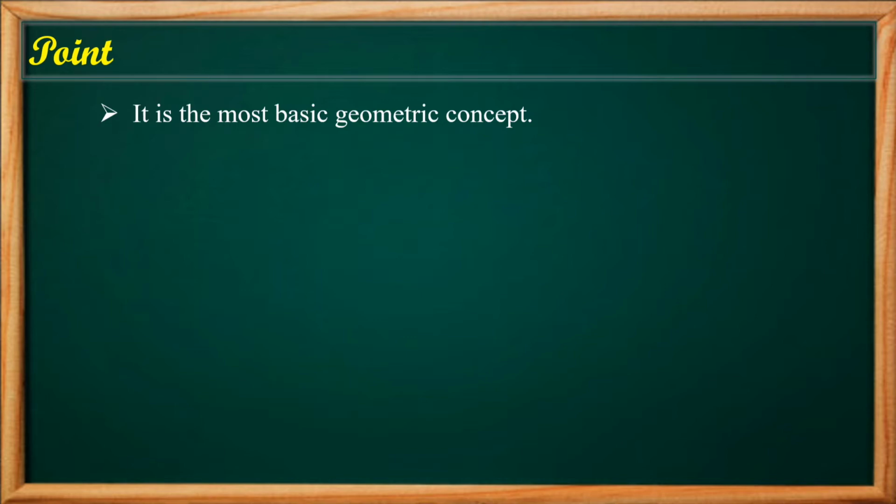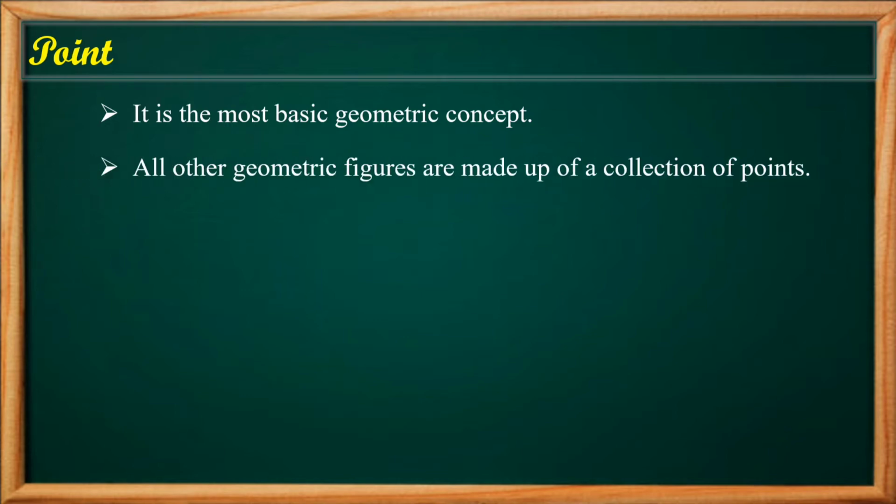Nagsisimula lahat ng pagdodrawing ng isang artist sa iisang point. That is why point is the most basic geometric concept. Okay. Now, all other geometric figures are made up of a collection of points. Gaya ng sinabi ko kanina, hindi mabubuo ang isang shape, ang isang line, kung wala ang point.